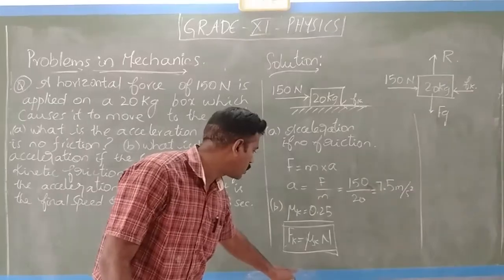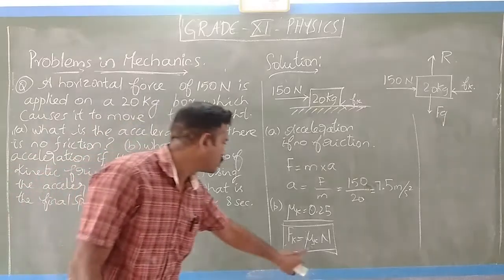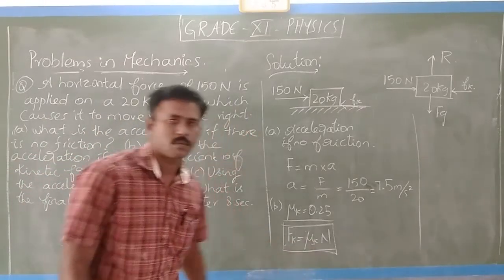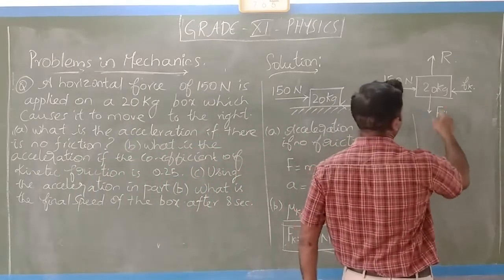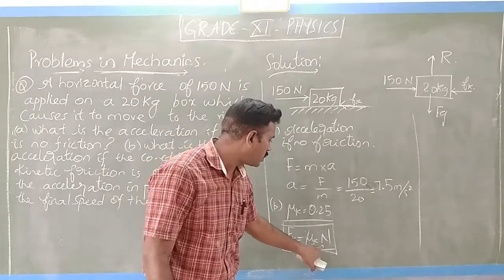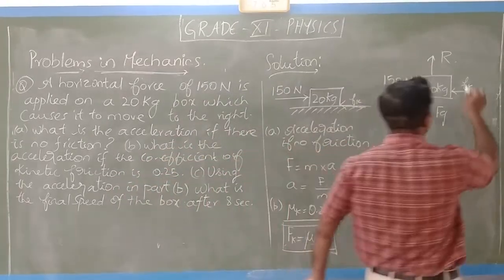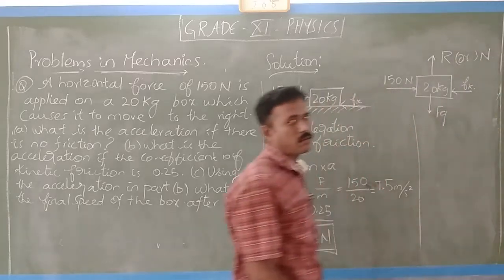What is unknown here? Fk is unknown. You know mu k, and what is the normal force here? This R is the normal force. You can use either R or N. N is the normal force.